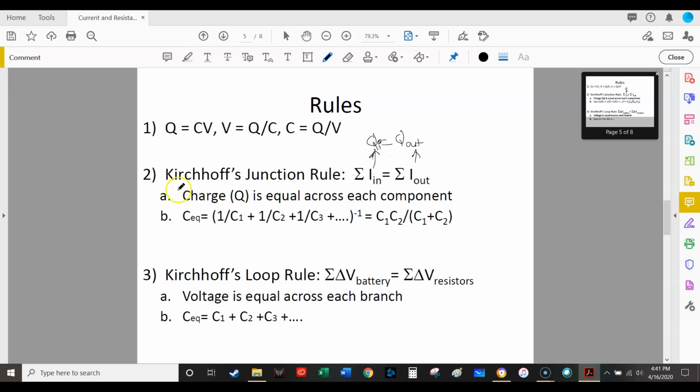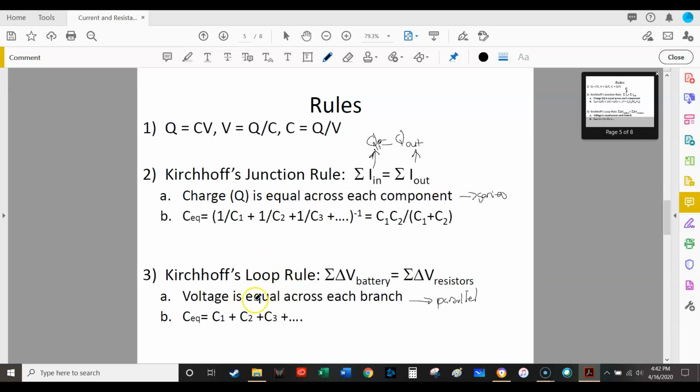What that says as a consequence is, and this should be series, and this should be parallel, sorry about that, if you have two capacitors that are in series with each other, and you know the charge on one of them, then you know the charge on the other one.